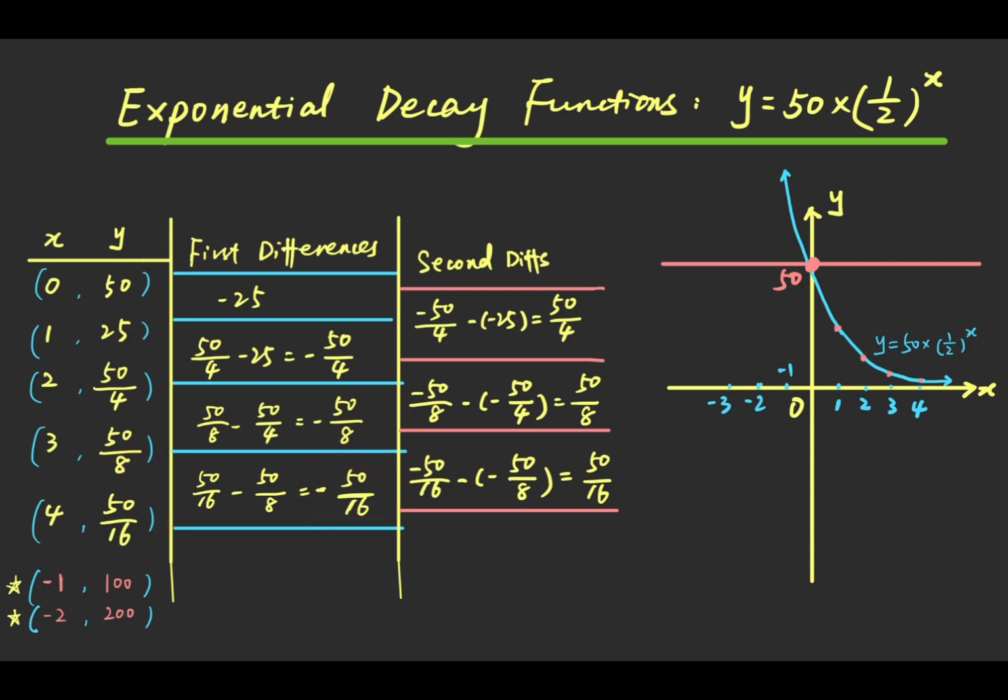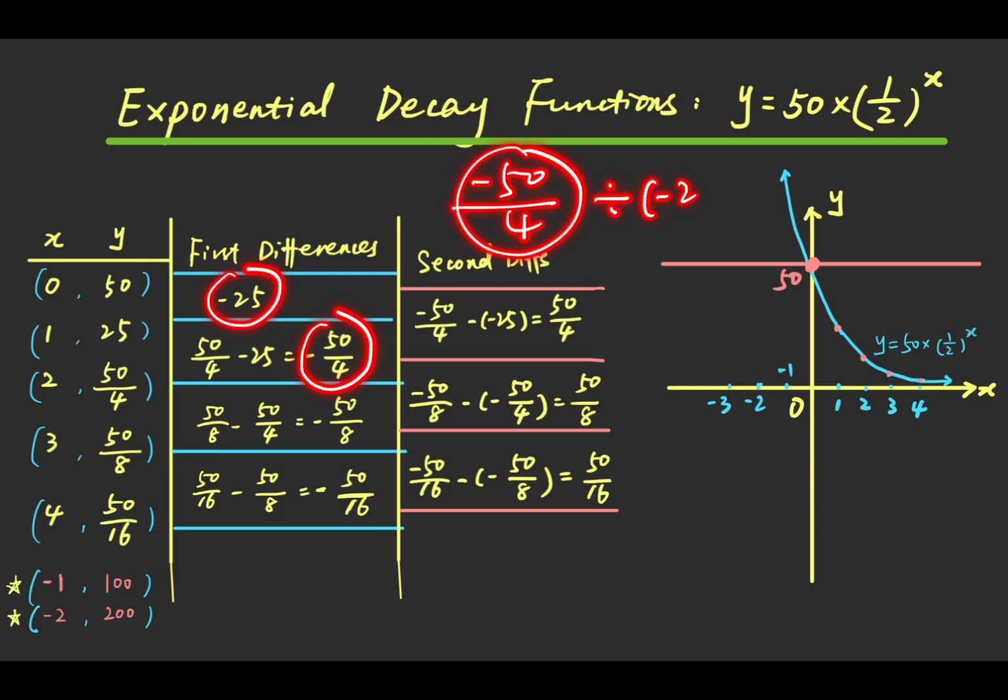If you observe these first differences, you will find an interesting property. If you take two successive first differences and divide the latter by the former, you will figure out the ratio is 1/2.